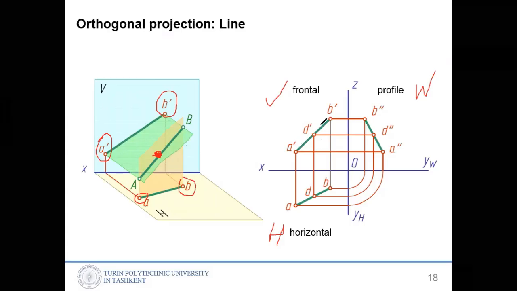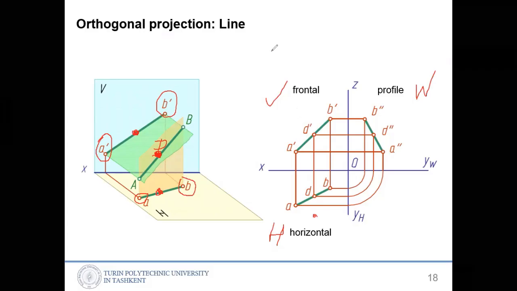For example, point D lies somewhere in between point A and point B, so that point should lie on the line in its projections also. In the frontal V projection it should lie here, and in the horizontal H projection it should also lie on the line, not here. So it should lie in between the ends in all projections.